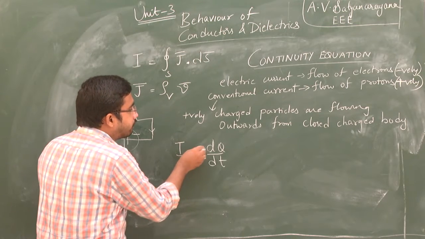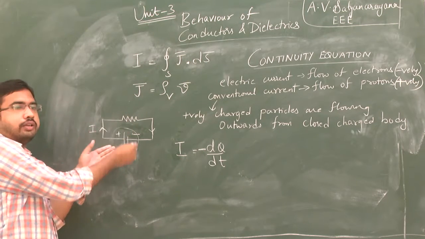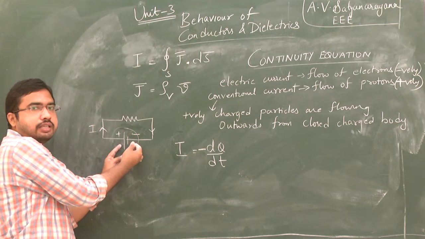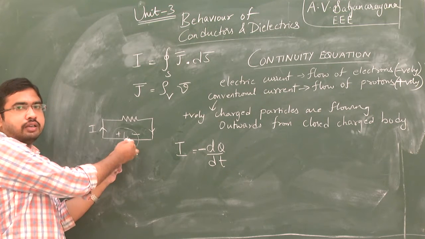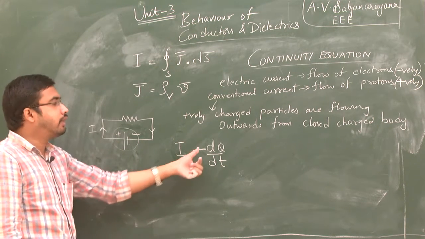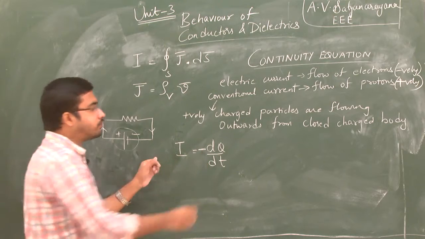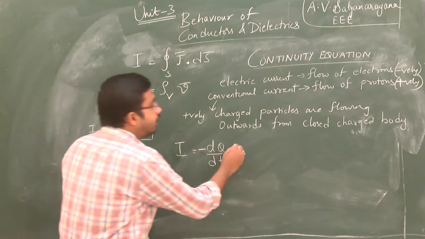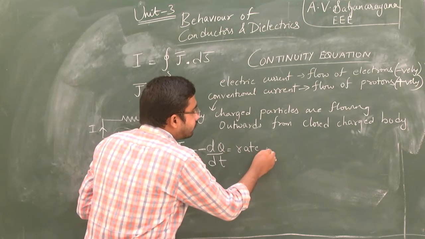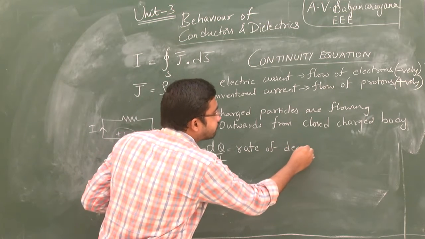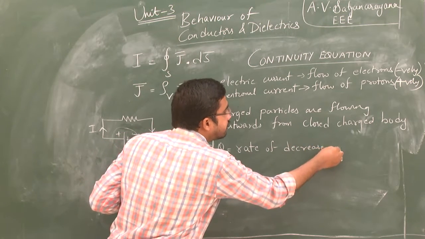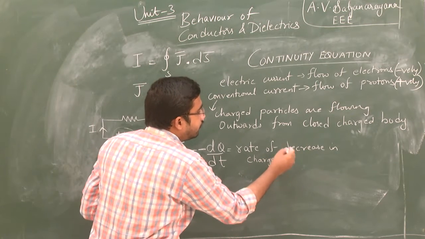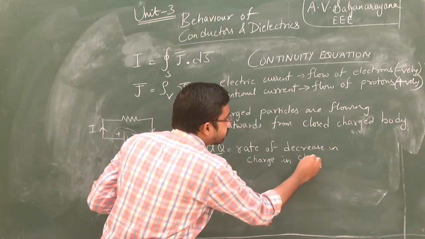Minus you should keep, because as it is going on giving those charges, the amount of charge that is present in this charged body will slowly decrease. That's why we are keeping minus sign. This minus dq by dt, why we are keeping, means rate of decrease in the charge in the charged body.